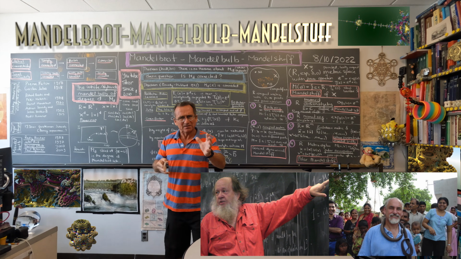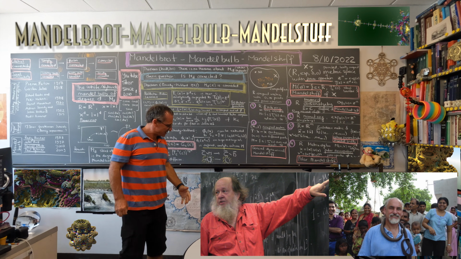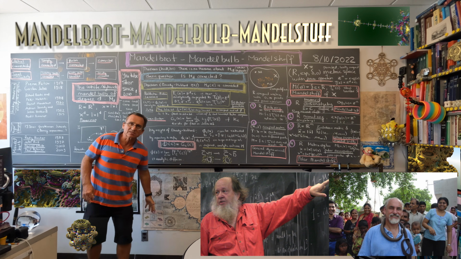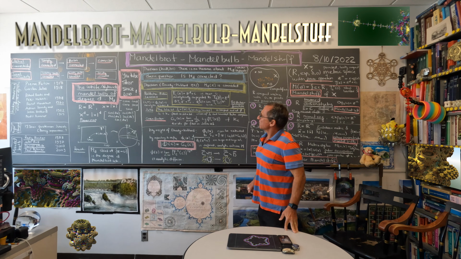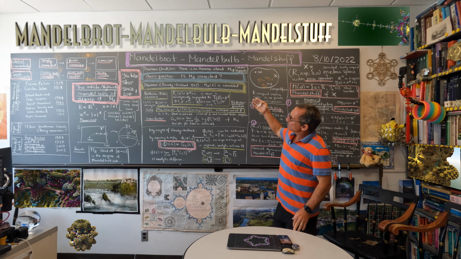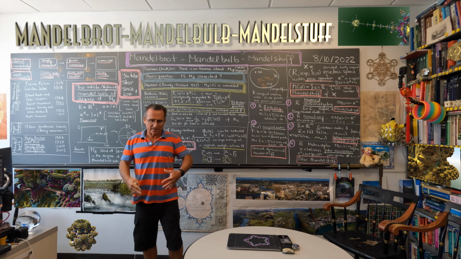Hubbard might have even looked at it earlier. This theorem is that the Mandelbrot set is connected, and that's a very, very nice result. Unfortunately, there is nothing like this known for this beautiful Mandelbulb.